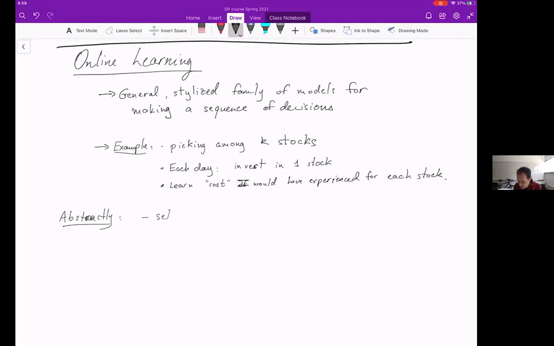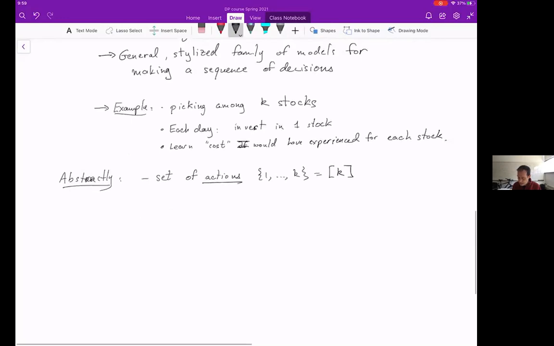Okay, so abstractly, we've got a set of K actions, which we'll just denote with integers 1 through K, and we'll use the shorthand [K] for the set 1 to K. And there's a decision maker.